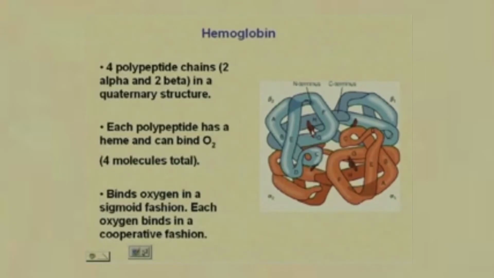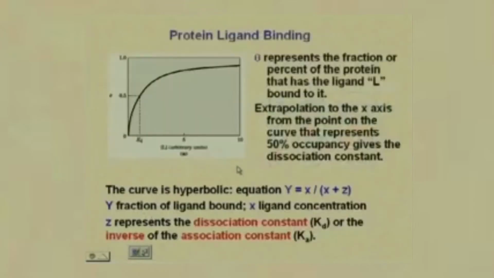So the affinity for oxygen increases for the other hemes as soon as one of the hemes binds the oxygen, which is why it is said that it binds in a cooperative fashion.